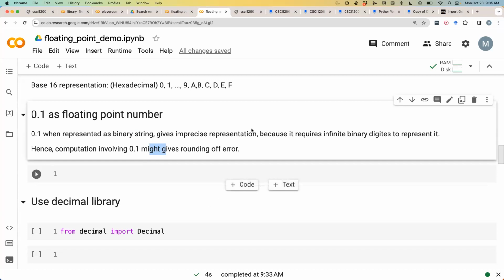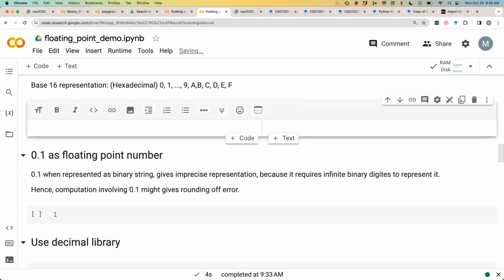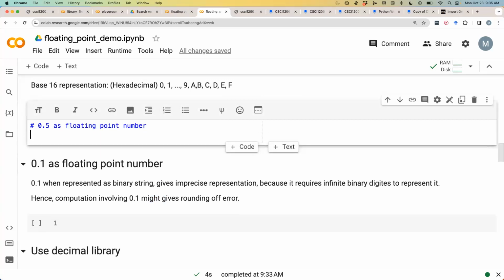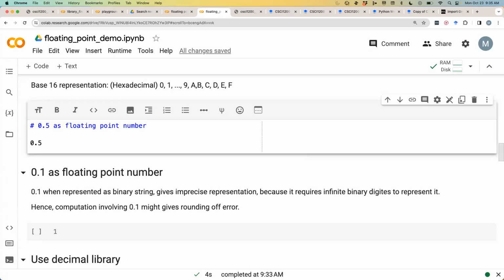Okay, now 0.5 on the other hand, as a floating point number. All right, 0.5 in base 2 can be represented as a finite binary representation. So it will be represented precisely.